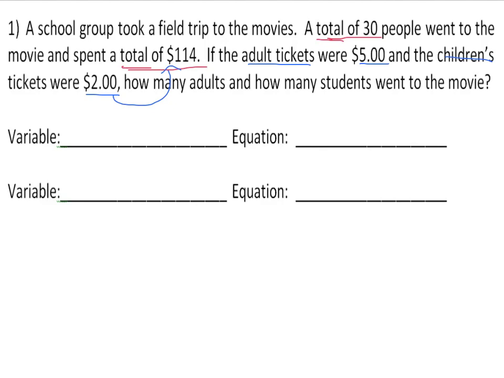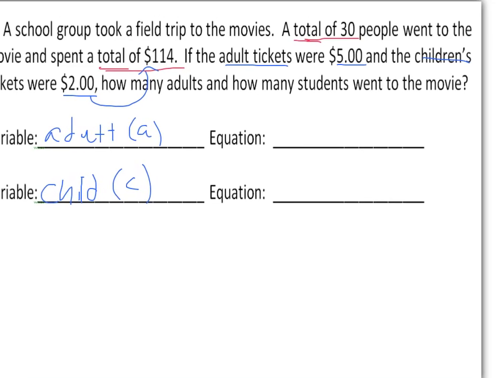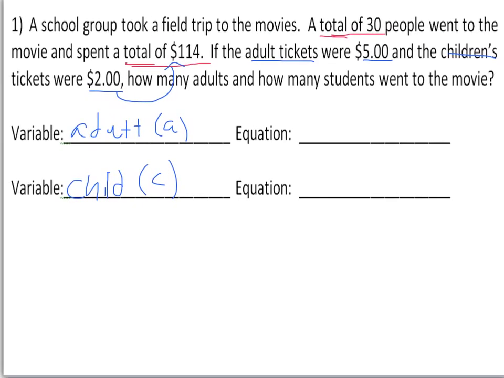One of my variables is going to be adult tickets, and we're going to call those A. Then another one of my variables is going to be the child's ticket, and we're going to call that C. Now what we need to do is write two equations based on the totals that we've been given, with the 30 people and then the total amount of money and our new variables. We're going to use those to create the equations.